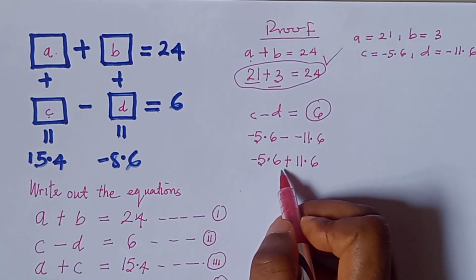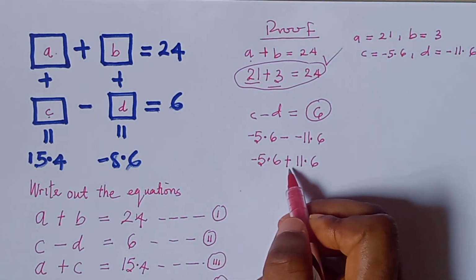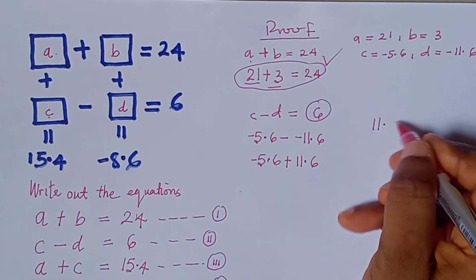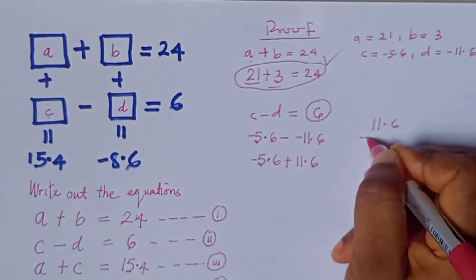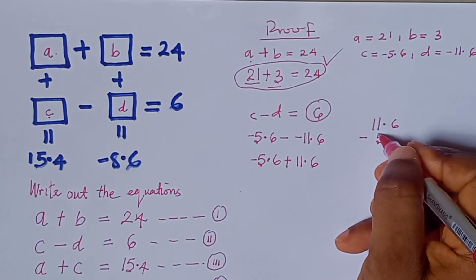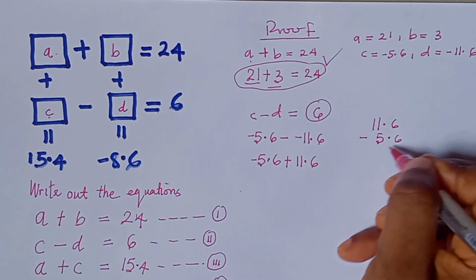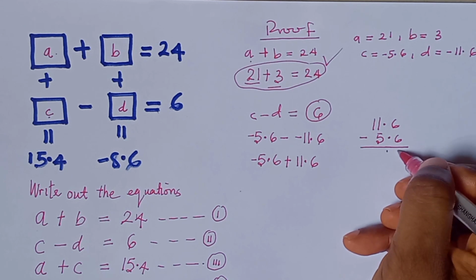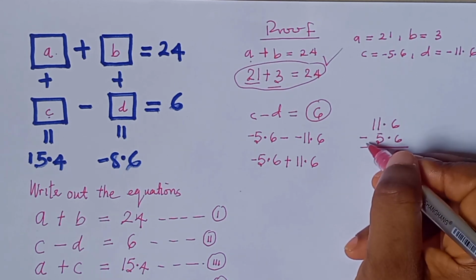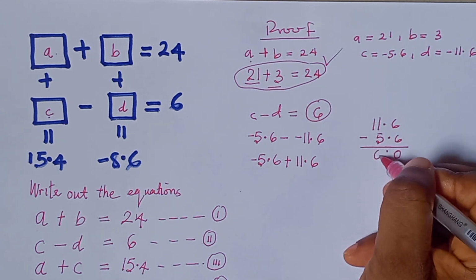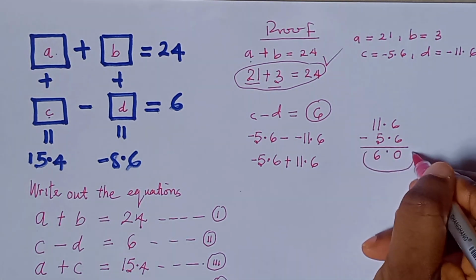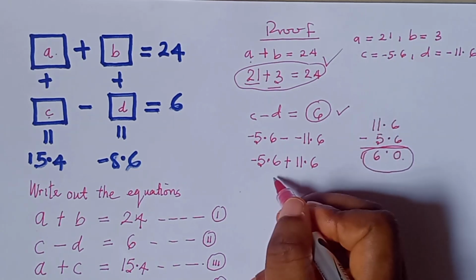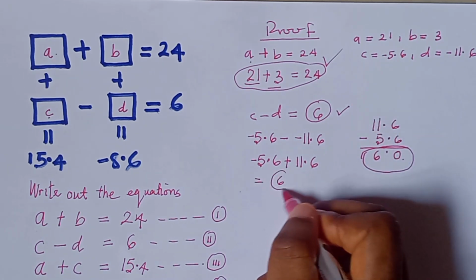So minus and plus, you have to subtract. So when you subtract these, we can write here 11.6 minus 5.6. So your 6 minus 6 is 0. 11 minus 5 is 6. Look at this, 6.0 is the same thing as 6. So this is 6 here.